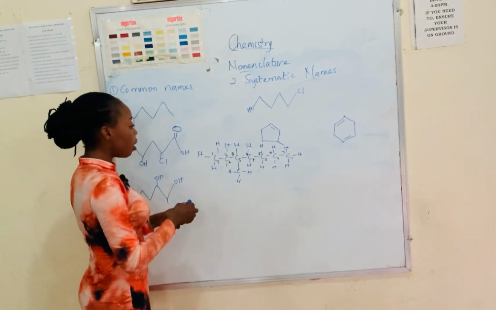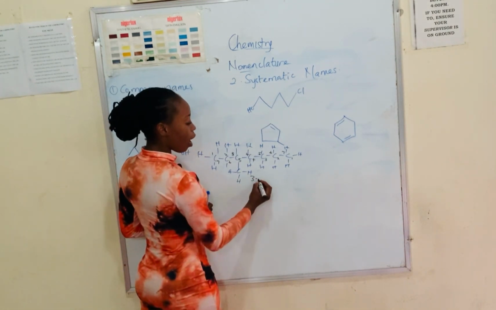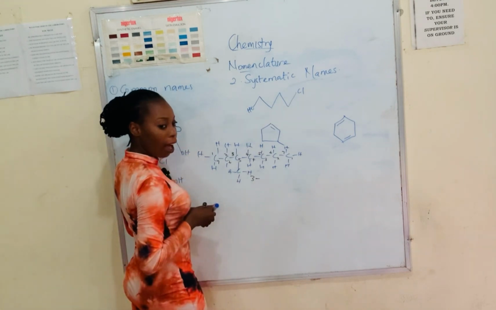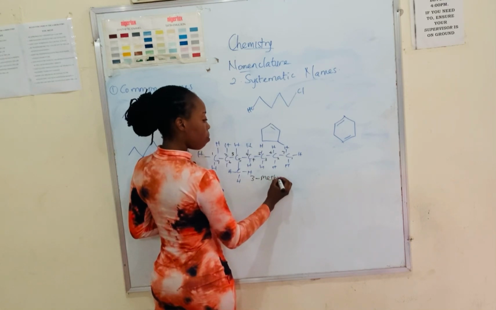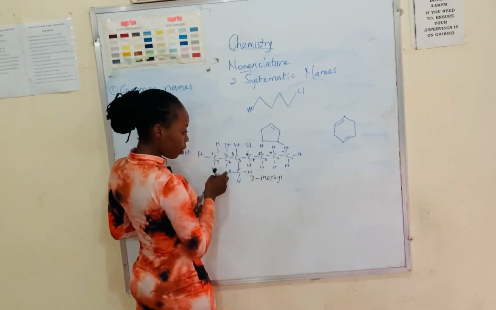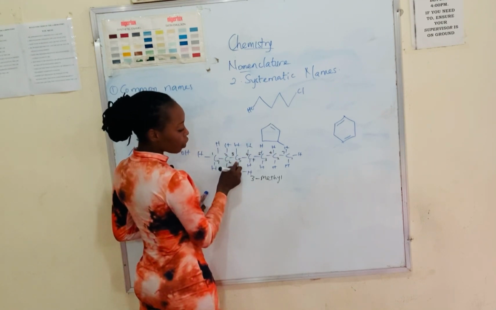So the name of this compound will be 3. I told you that a hyphen will separate a letter and a number. 3-methyl, meaning that there is a methyl. This is CH3, which is a methyl group. It is attached to the 3rd carbon.